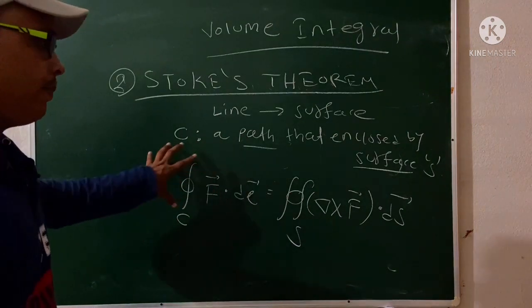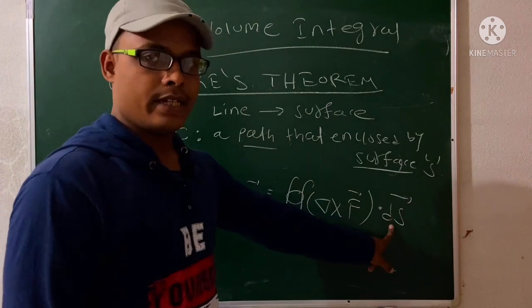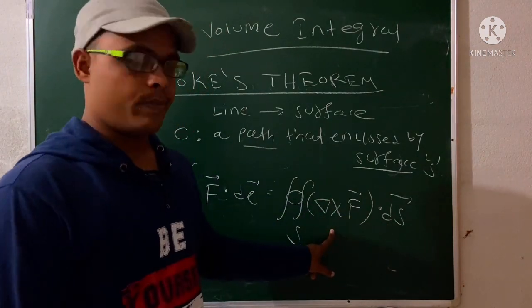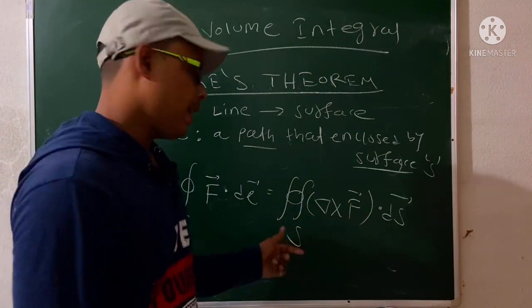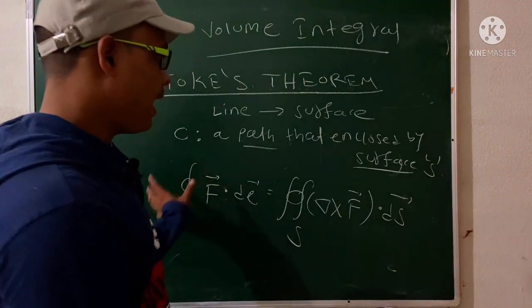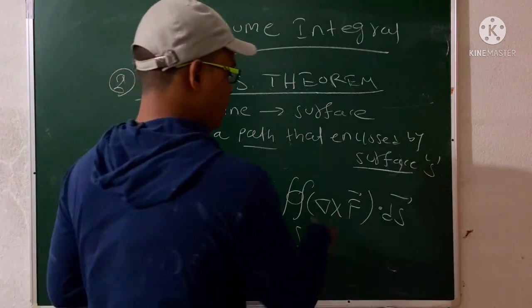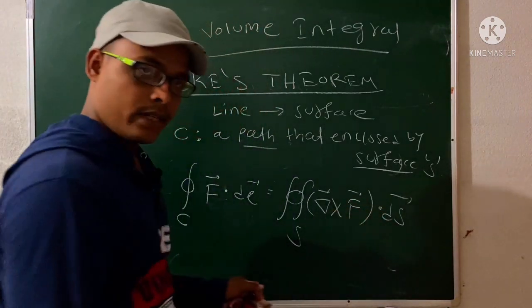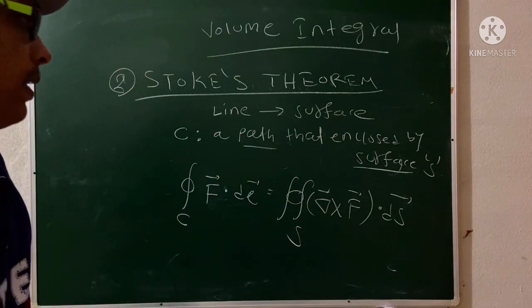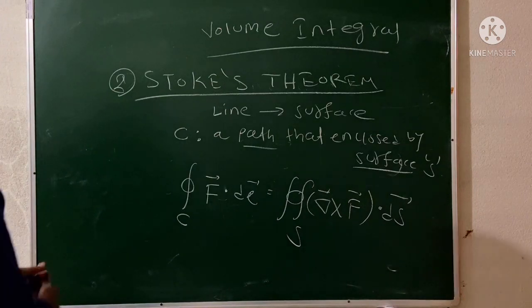The line integral of a vector field over a curve C is equal to the surface integral of the curl of that vector field over a surface S that encloses the curve C. So take the curl, then find the n vector, then you will do the surface integral. Okay, so this is the Stokes theorem.